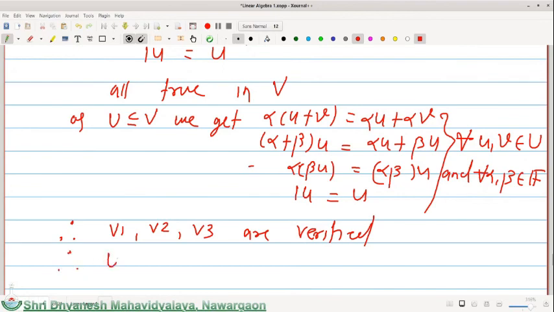Therefore U is a vector space over field F.